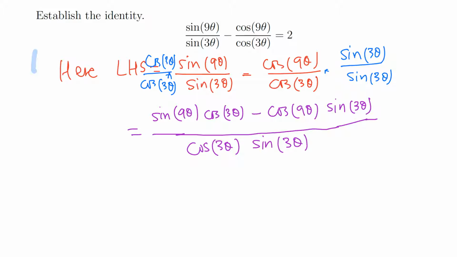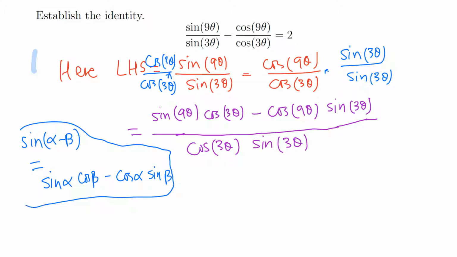On the top, it's like sine of an angle and cosine of the same angle, cosine of that and sine of that. If you recall correctly, when we have sine alpha cosine beta minus cosine alpha sine beta, this comes from sine of alpha minus beta.